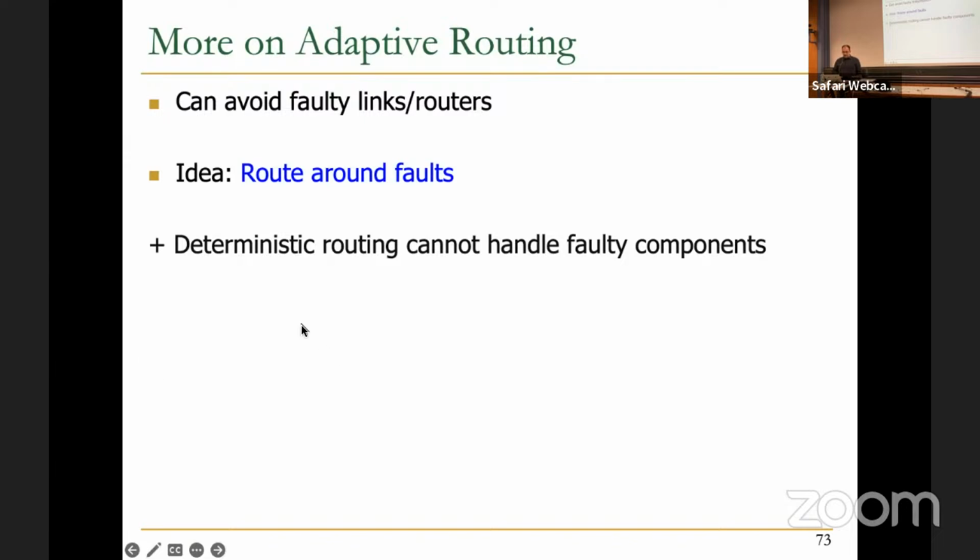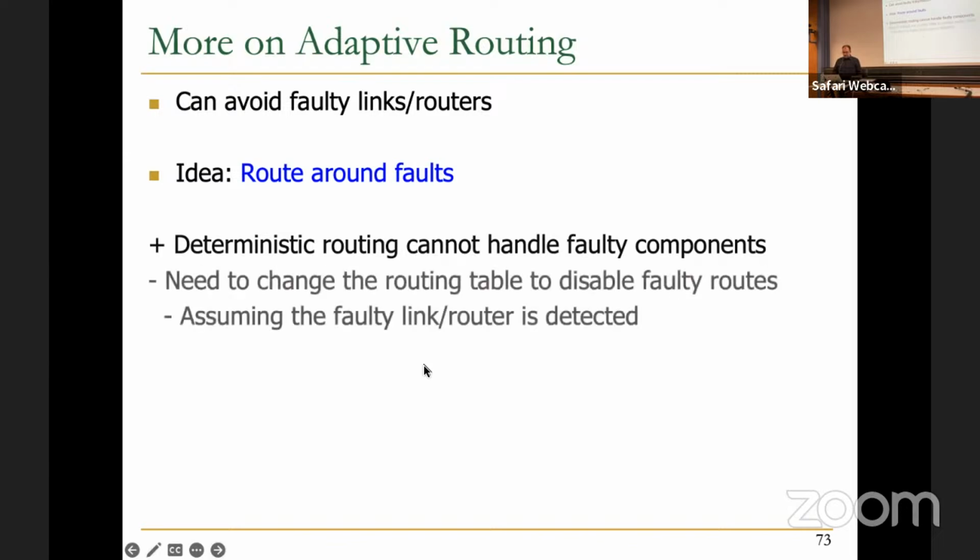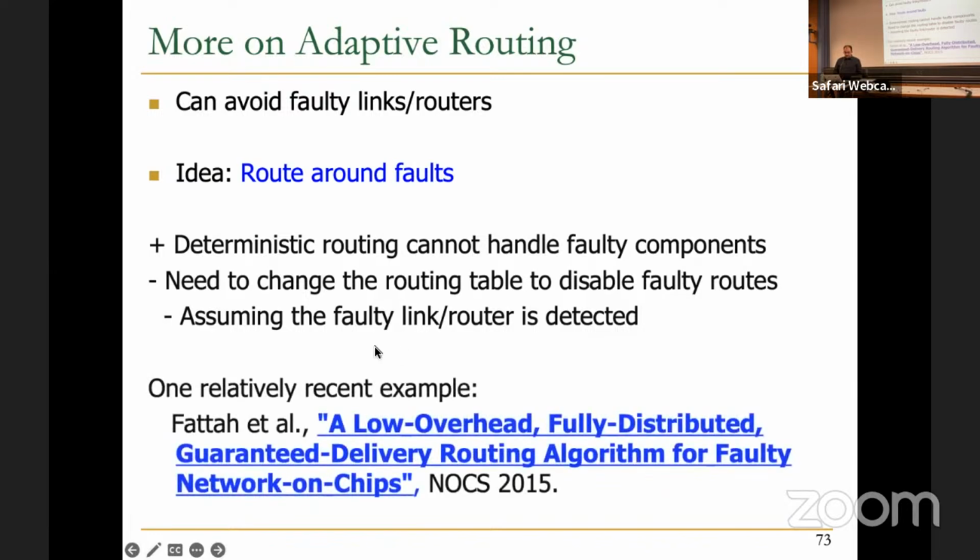With deterministic routing, this cannot really happen because your routing is deterministic, and you need to change the routing table to disable faulty routes, assuming the faulty link or router is detected. You can check this paper from NOCS 2015 about how we can use adaptive routing algorithms to resolve faults.